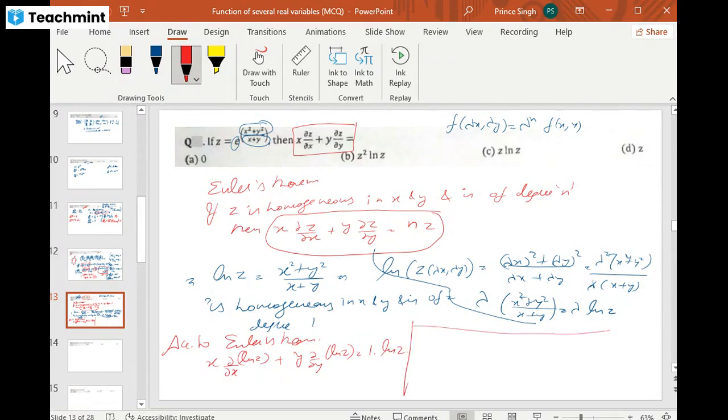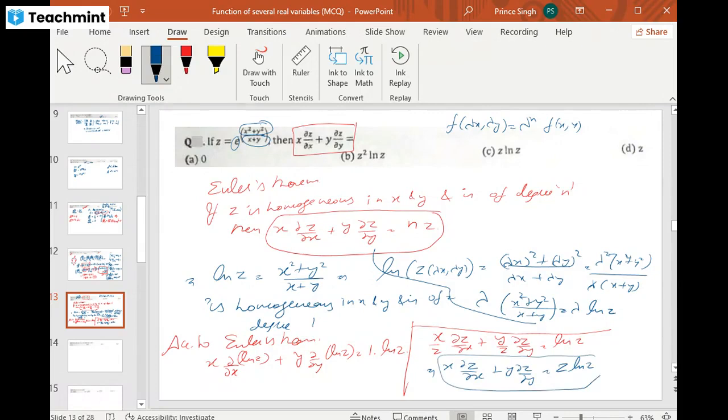Now the derivative of log z is 1 upon z. So if we multiply by z on the other side, we get x curly z upon curly x plus y curly z upon curly y equal to z times log of z. So the correct answer is option C.